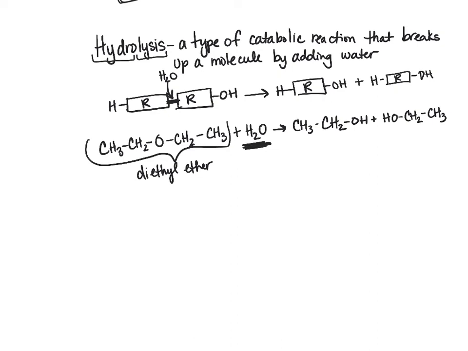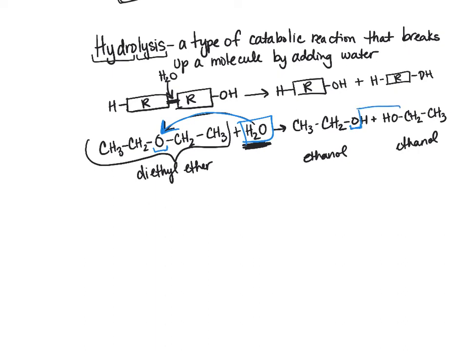It's a catabolic reaction. We're adding water right in here in the middle in this example, and then what we end up with is ethanol and ethanol. If we take this water and put it in this area here, it's no longer this single oxygen. Say that single oxygen is this one.